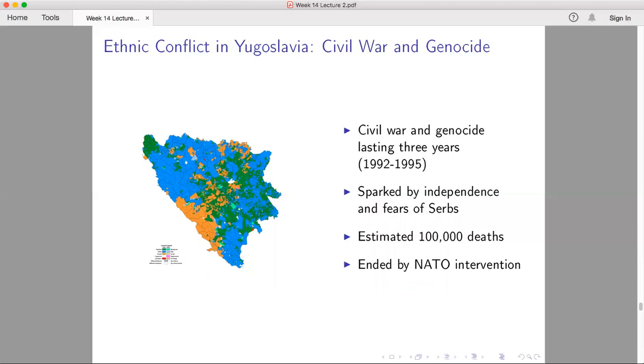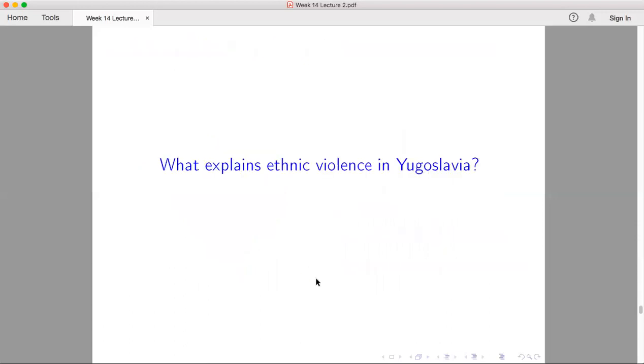And eventually you get the conflict ending as a part of the Dayton Accords, and some power sharing agreement coming between Serbs living in Bosnia and Croats and Muslims living in Bosnia, such that there are two kind of federated republics here in Bosnia. On the left-hand side, we have the Republic of Bosnia and Herzegovina and Republika Srpska, on the right-hand side.